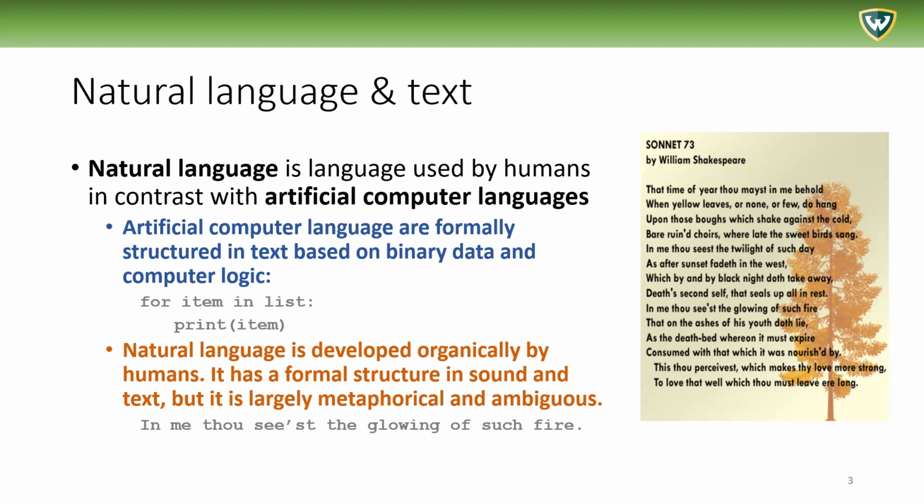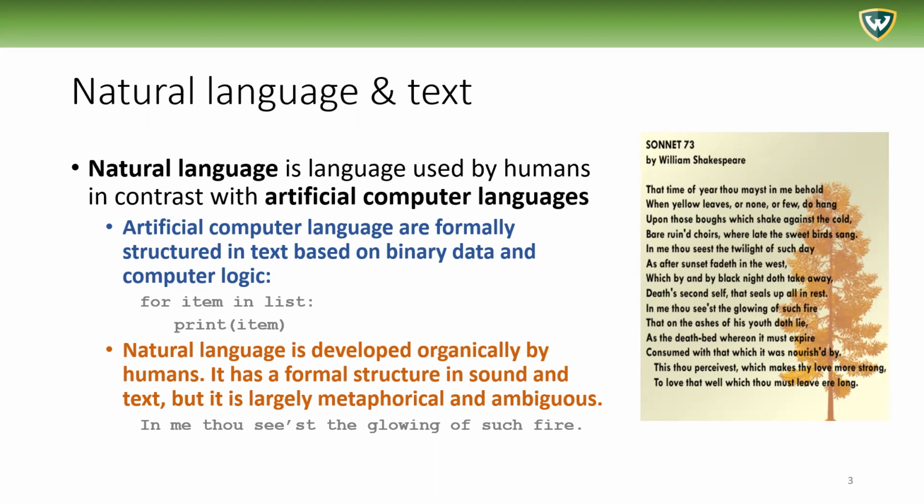Natural language and text. Natural language is language used by humans, and that is in contrast with artificial computer languages. Artificial computer languages are formally structured in text based on binary data and computer logic.